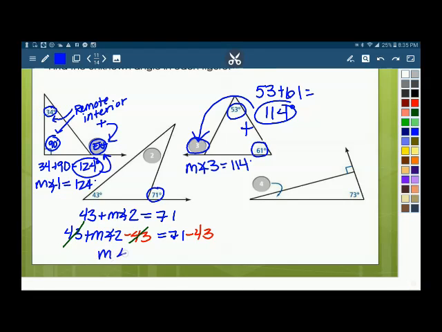So now I have the measure of angle 2 is equal to 71 minus 43. That should be 28 degrees. So that's what goes up in there.